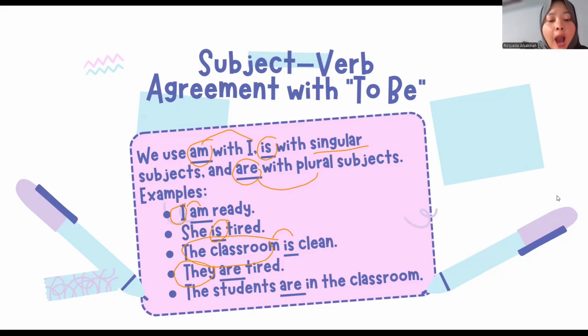They are plural, so we use are in the sentence. The students are plural, so we use are in the sentence. So be careful when using to be because the forms change with the subject.